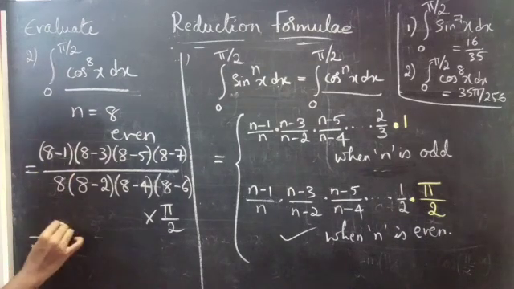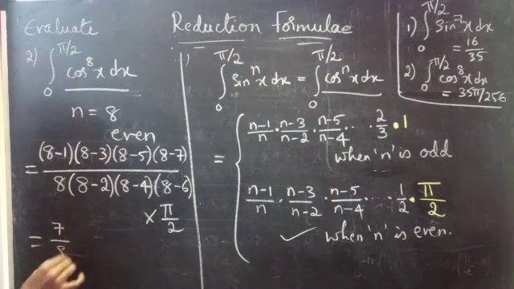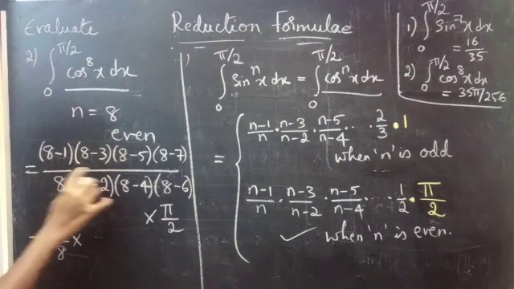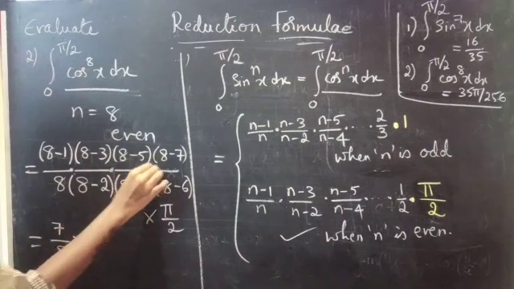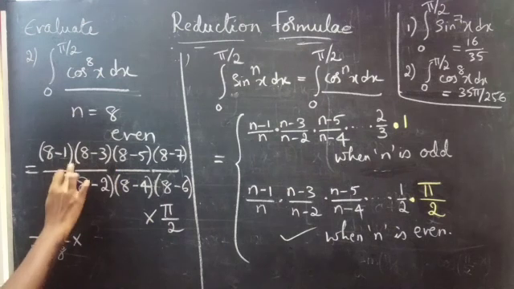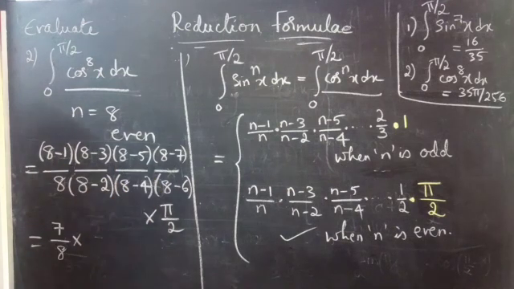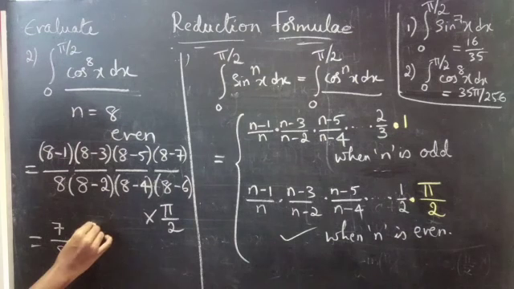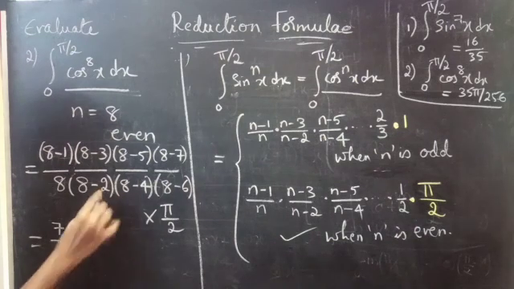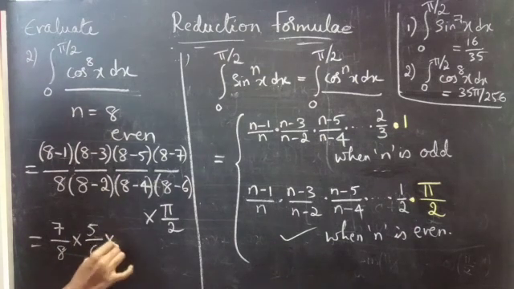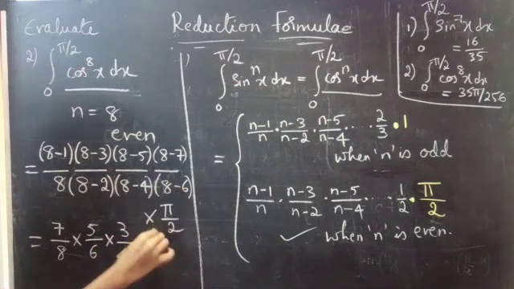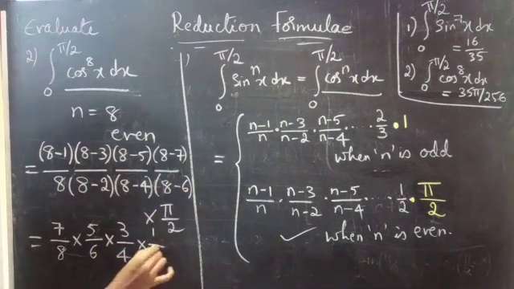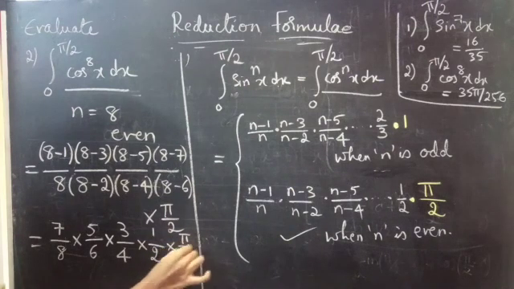This equals 8 minus 1 is 7 by 8, into 8 minus 3 is 5, 5 by 8 minus 2 is 6, into 8 minus 5 is 3, 3 by 8 minus 4 is 4, into 8 minus 7 is 1, 1 by 8 minus 6 is 2, into pi by 2.